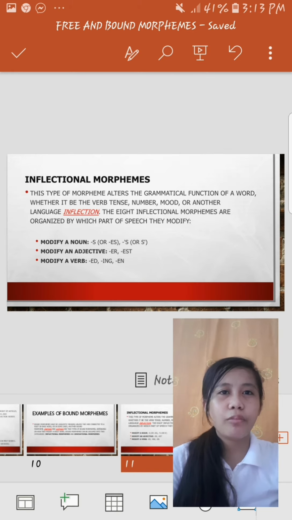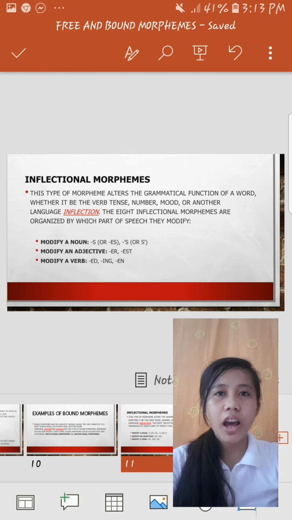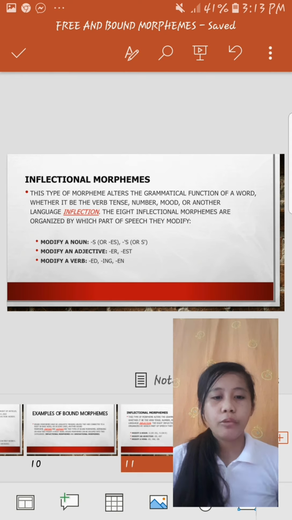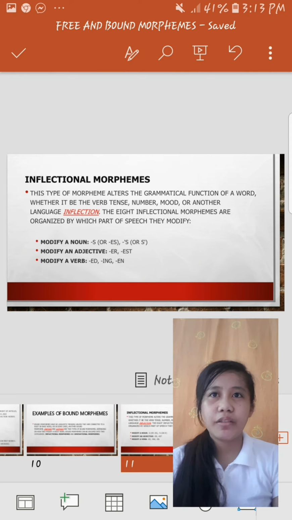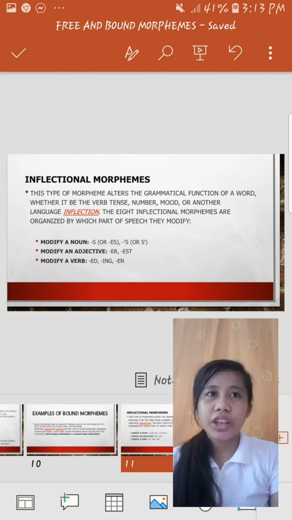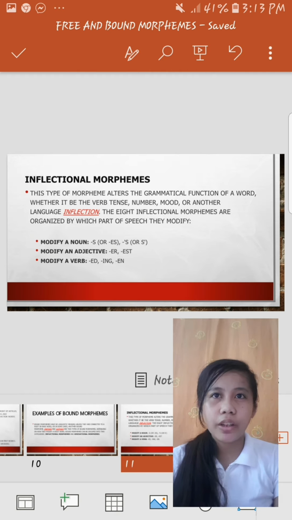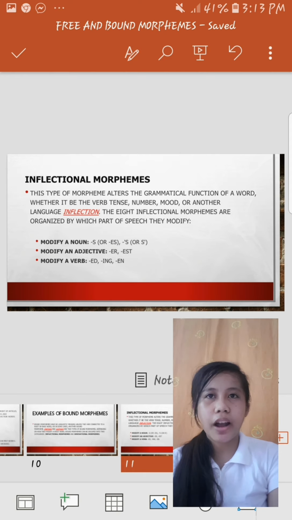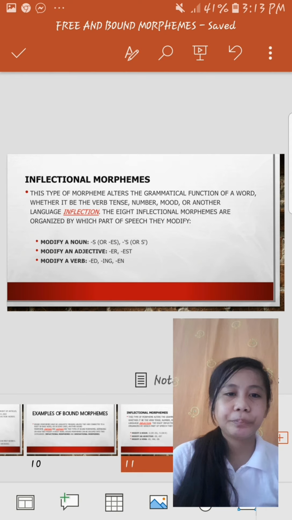This type of morpheme alters the grammatical function of a word, whether it be the verb tense, number, mood, and other language inflection. So the 8 inflectional morphemes are organized by which part of speech they modify, like the following.